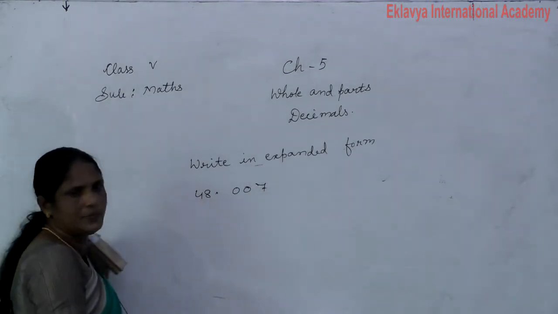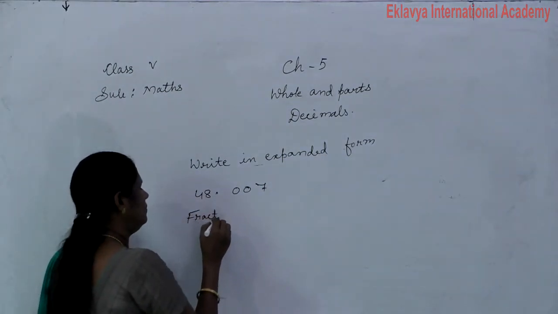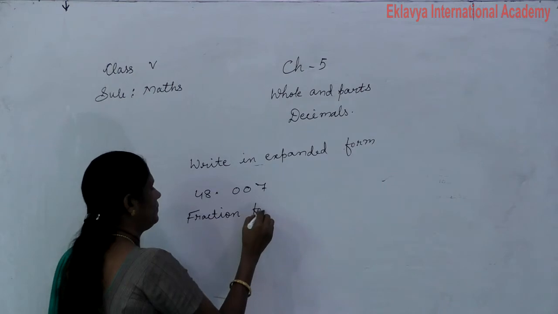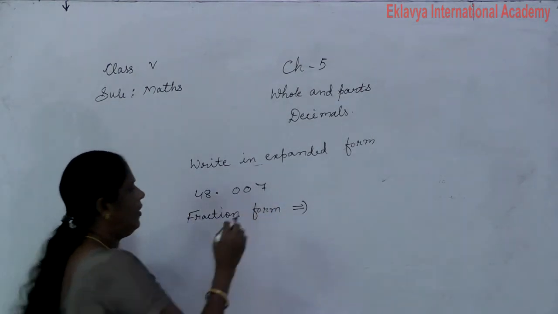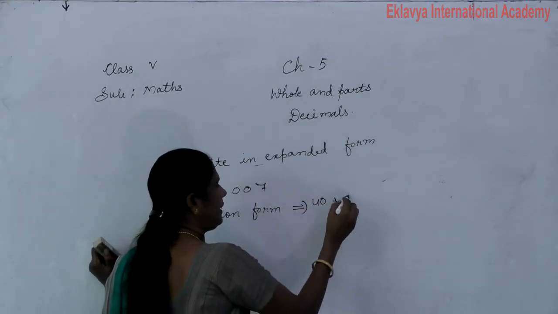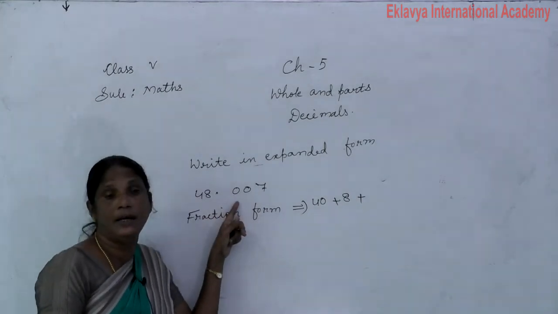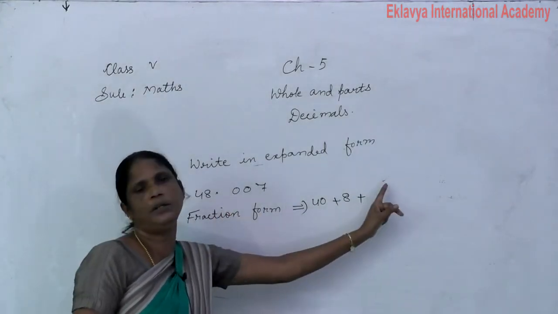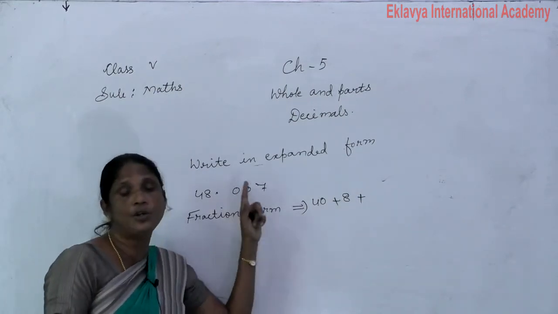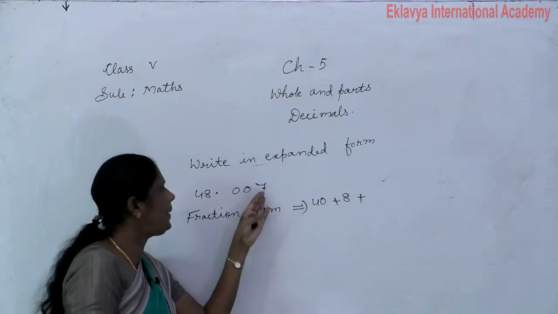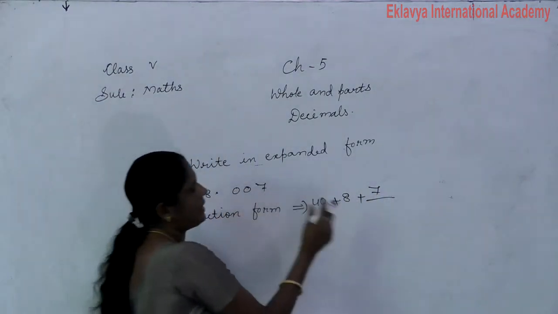48.007. How to expand this number? First, fraction form. We start with 40 plus 8 plus. Now, the 10th place is 0; we don't write 0 by 10. Then the next, the 100th place also 0, you don't write. Next place 7, in which place is 7 sitting? 1000th place.